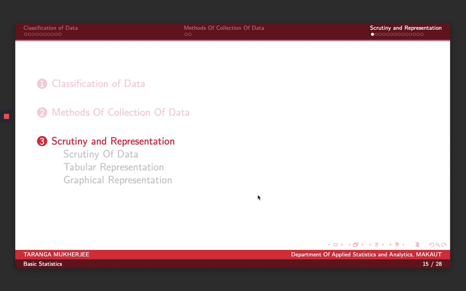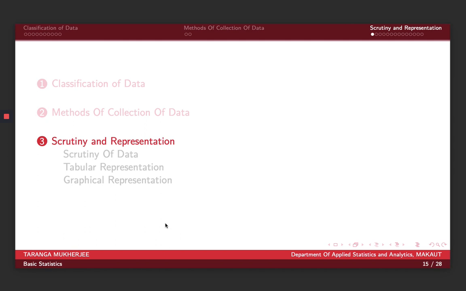So a household having income less than 5,000 really cannot have an Audi car. It's inconsistent. So we need to review or recheck that particular response, and we have to act accordingly. Either we can just omit that response, or we can revisit the household, re-question and then recollect the data. That's one idea.